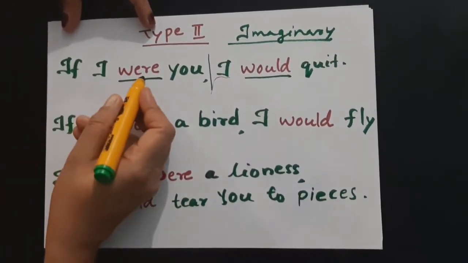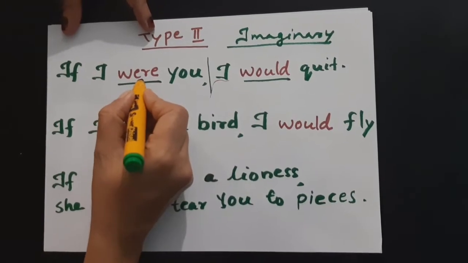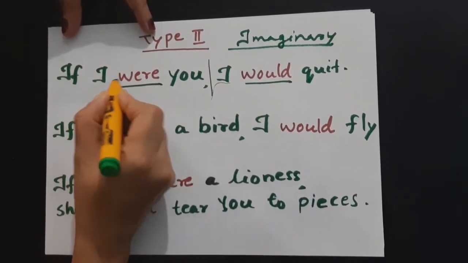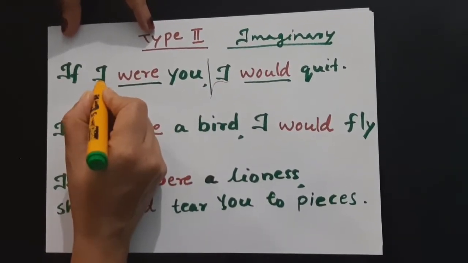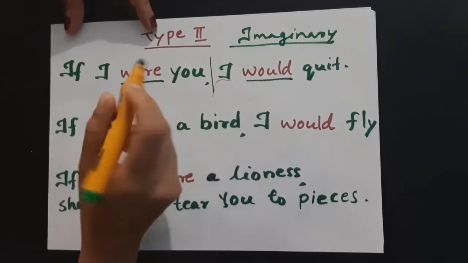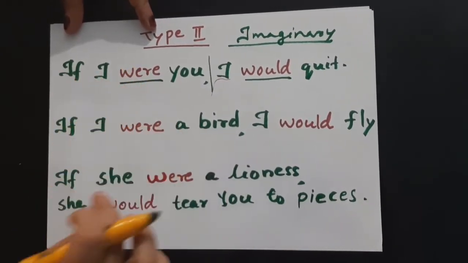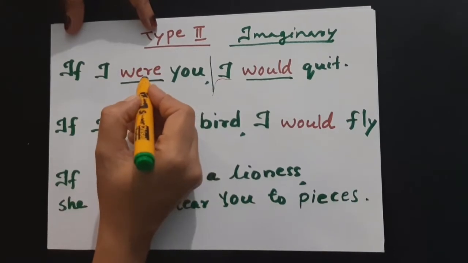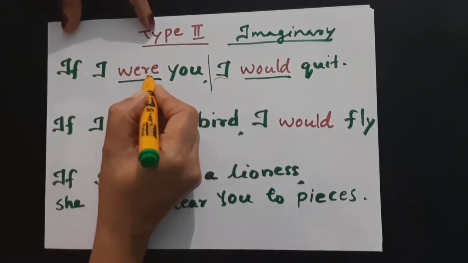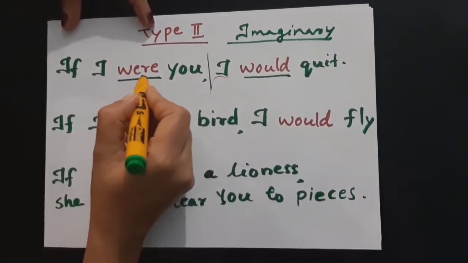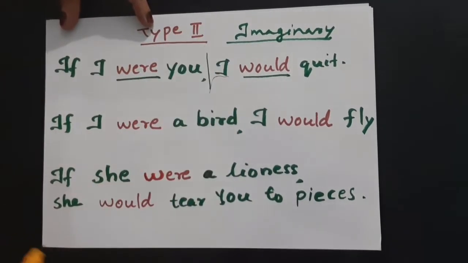In the if clause, can you see we used were instead of was. Actually, along with I, you need to use was because the subject is singular here, but you used a plural verb here. So that we use in type 2.